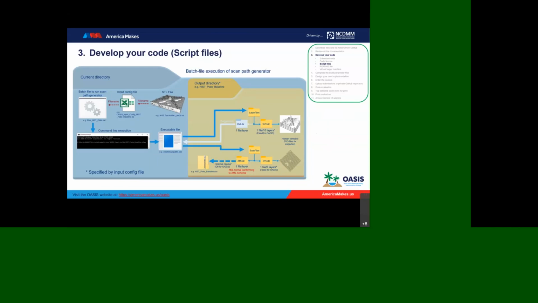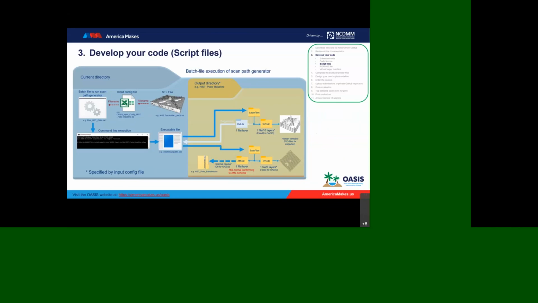So what we need from you is a set of batch files that will automatically execute the code on the challenge geometry. Those batch files should automatically call the input configuration file. Inside the input configuration file should already be the names of the STL files that are going to be sliced as part of the challenge.